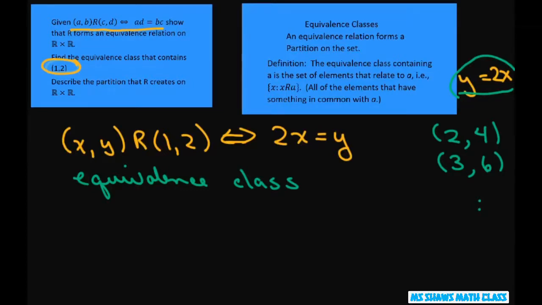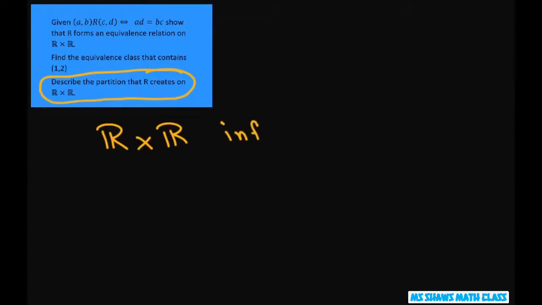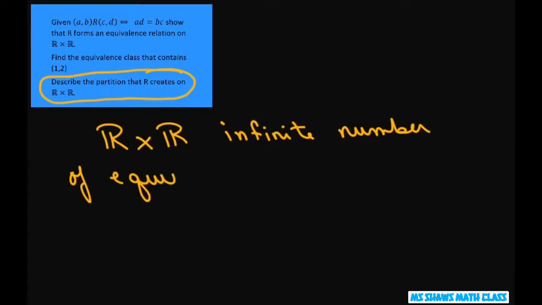All right. Now we have to describe the partition that R creates on our Cartesian product. R partitions R times R into an infinite number of equivalence classes. Okay, so this one we just used an example, (1, 2).